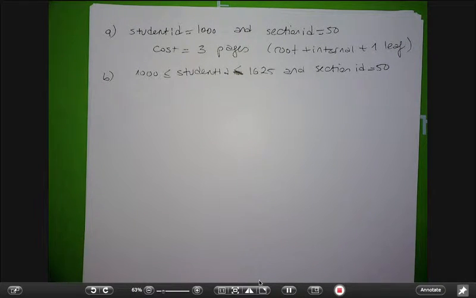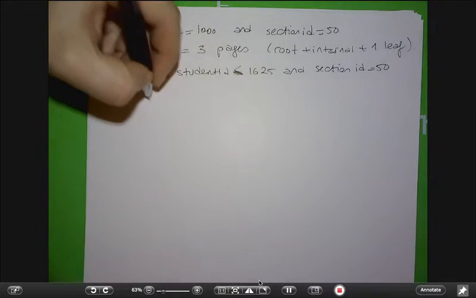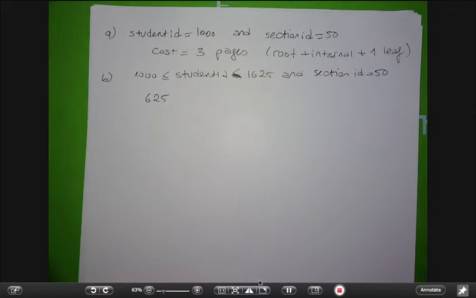That's not what we do, right? Exactly, and while you're scanning that, you're going to check the section, right? But the section ID doesn't help me reduce the number of leaf nodes, right? So I have 625 students, and how many tuples for each student? 16, right?